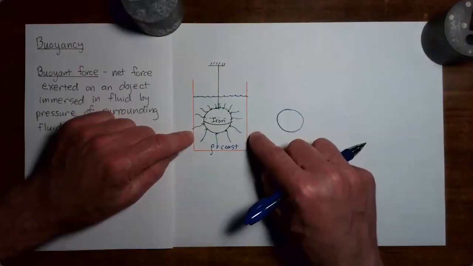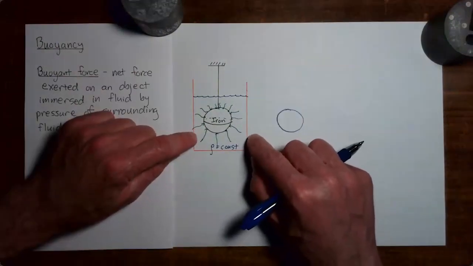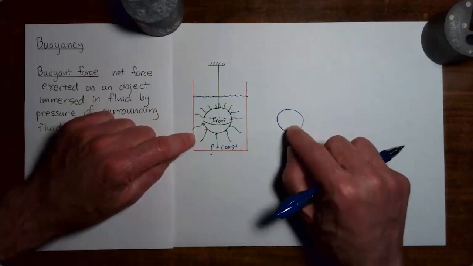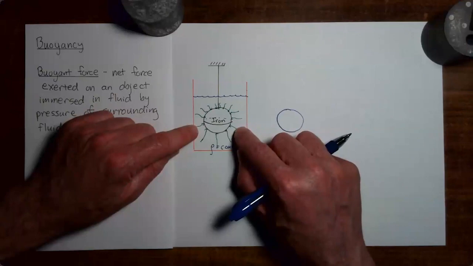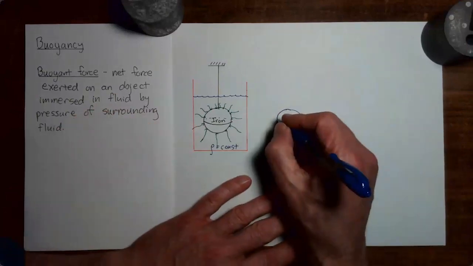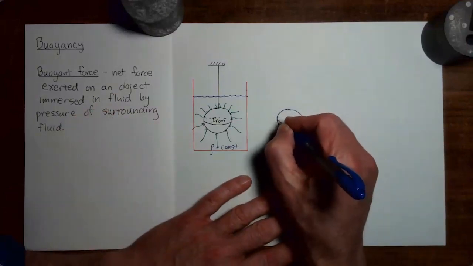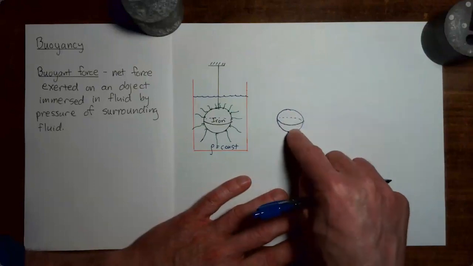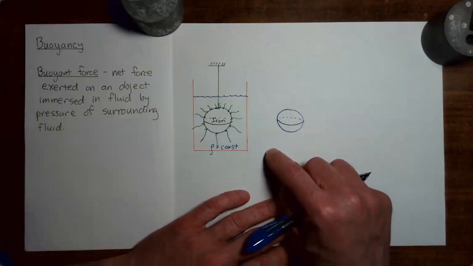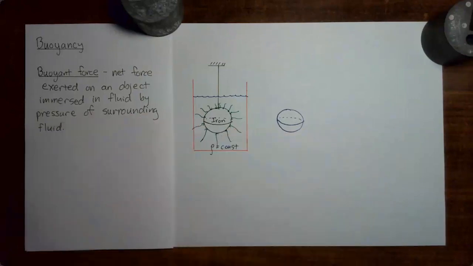Here's what we're going to do. We're going to imagine that we have a blob of the exact same liquid which is surrounding the iron sphere. Moreover, we're going to imagine that this blob has the exact same size and shape as the iron sphere itself.